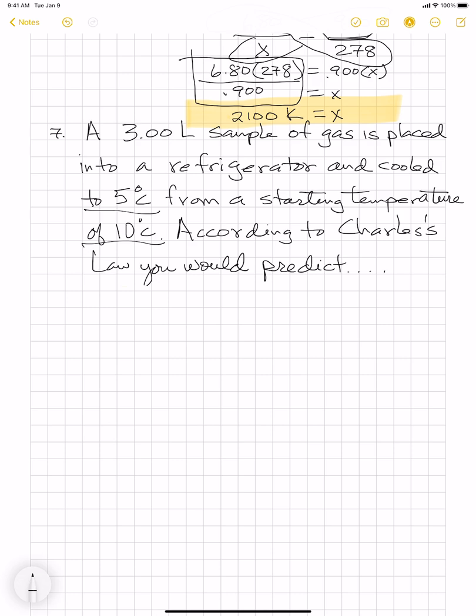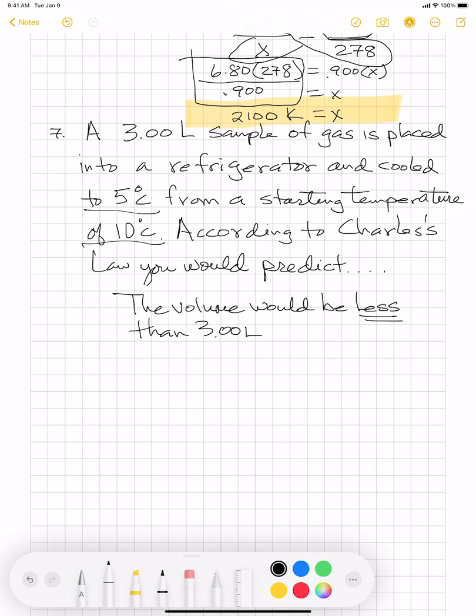So your answer would probably be something like the volume would be less than 3 liters. And if you were really fancy, you would say it would be half of 3 liters.